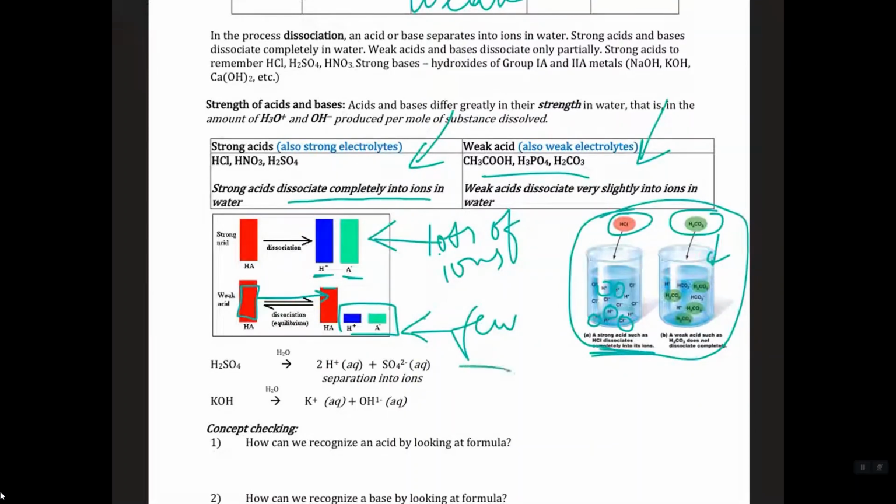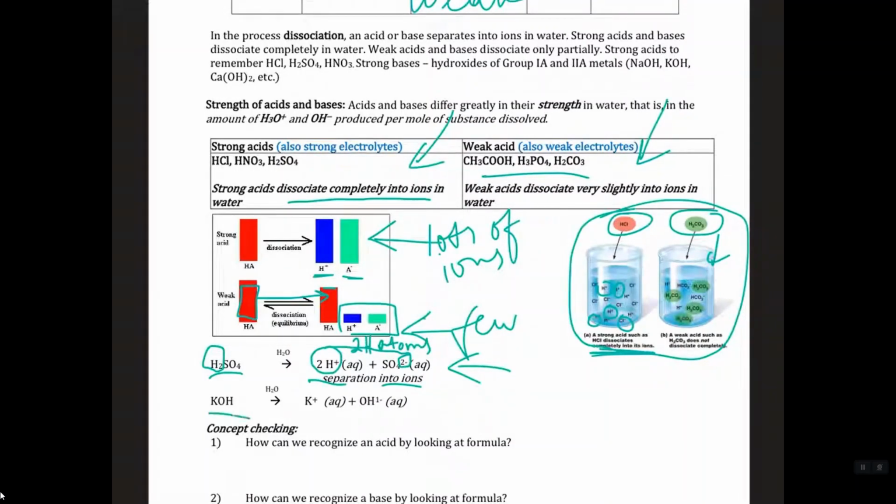So you can see over here where my sulfuric acid, it broke into two hydrogen ions and one sulfate, right? And that's two hydrogen ions because I started out with two atoms of hydrogen. Remember that this -2 for sulfate, that's because these two electrons combined with those two protons would make two hydrogen atoms together.